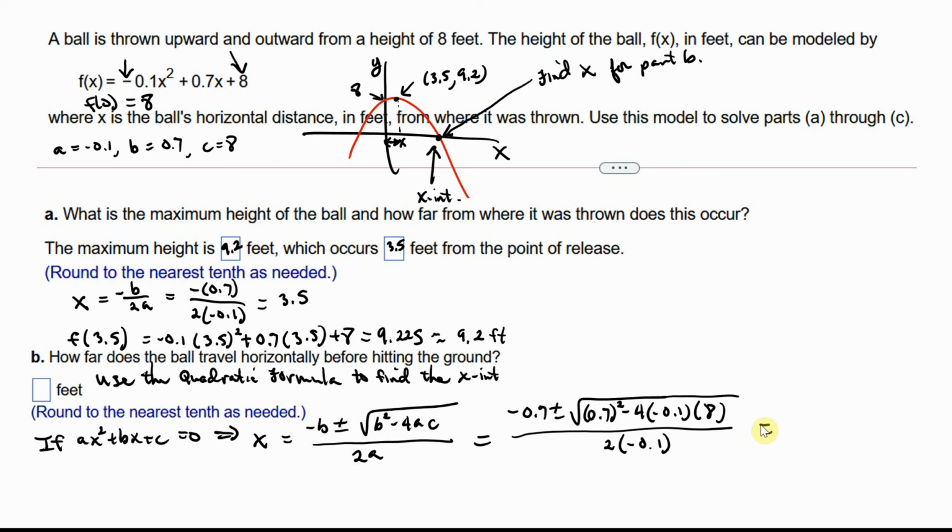Simplify that, and to not take the time, I simplified that. So this is negative 0.7 plus or minus, do that on your calculator, you get 1.92 all over 0.2.